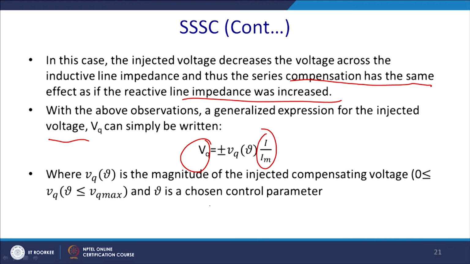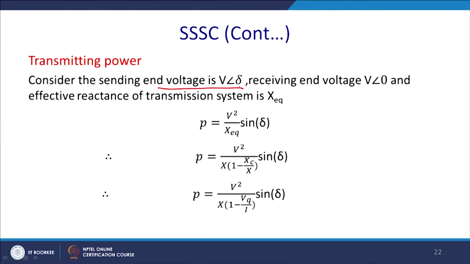So, Vq is chosen as a control parameter. In the last part of our class we will continue with the SSSC in the next class. Considering the sending end voltage V delta and the receiving end voltage V 0, we can rewrite this equation.